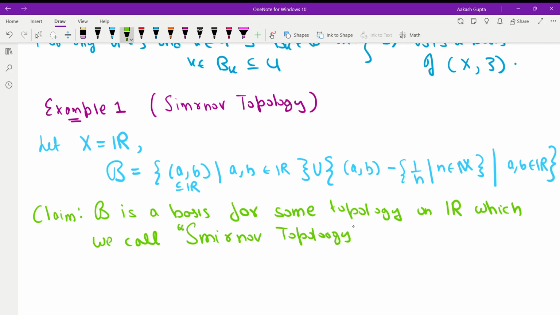I hope you get the distinction now completely, for and of, which I was talking about in the previous session. And what is that some topology?